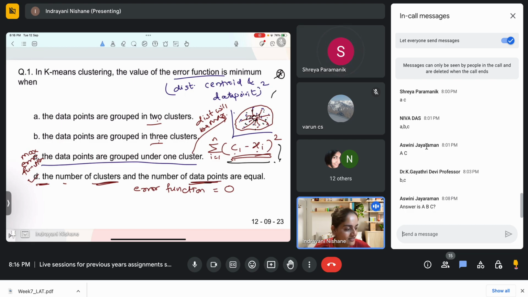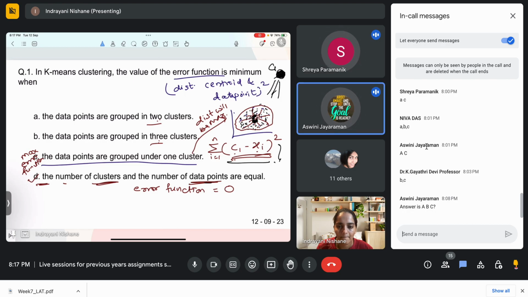In this cluster, if I consider this starred point, which I'm making dark over here, as the centroid, then that value will be more than if the cluster is inside this. So there is no cap on the maximum value to which the error function can go. But the minimum value can go down to 0. Maximum value could be anything.